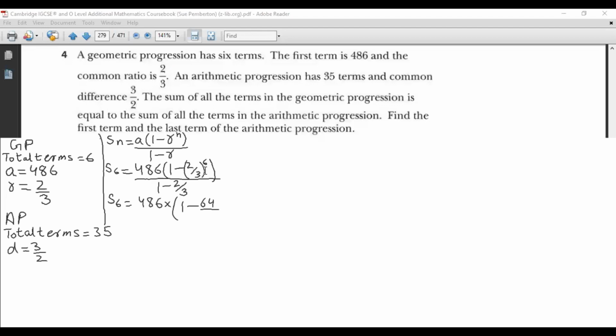So 3 to the power 6 is 729 over. Now simplifying this one, 1 minus 2/3. I will take LCM. So 1 minus 2/3, when you will solve it by taking LCM, it will become 3 minus 2 over 3.